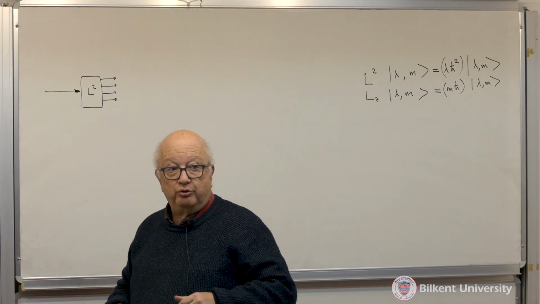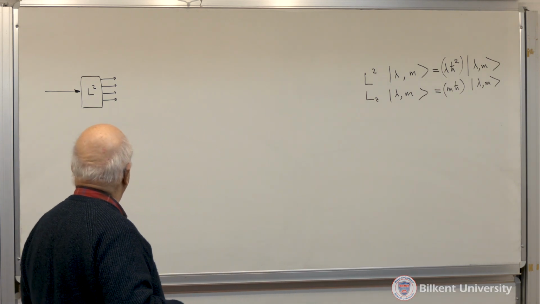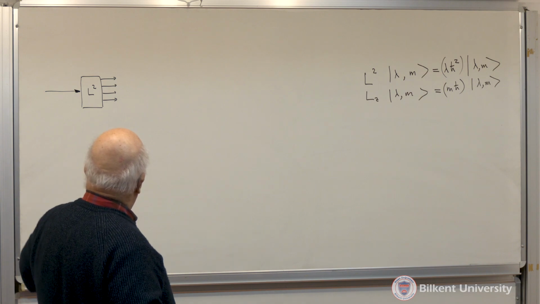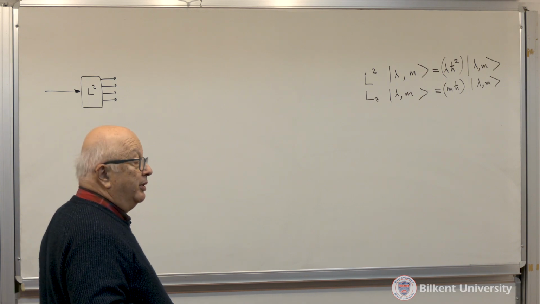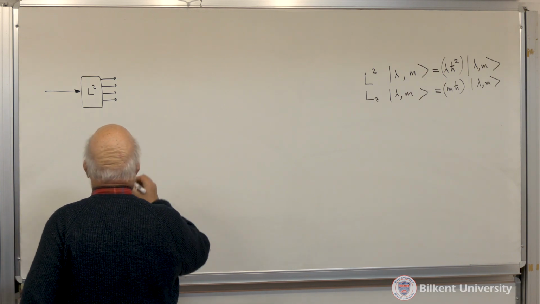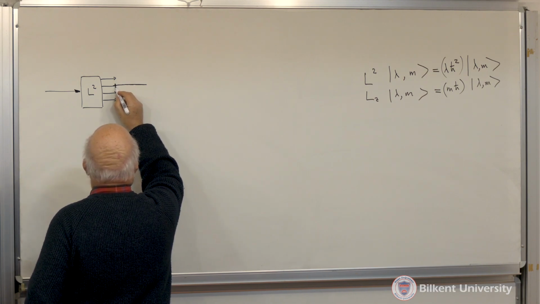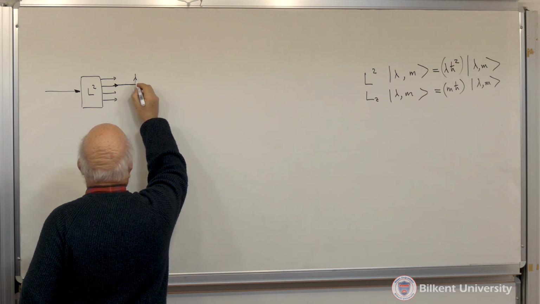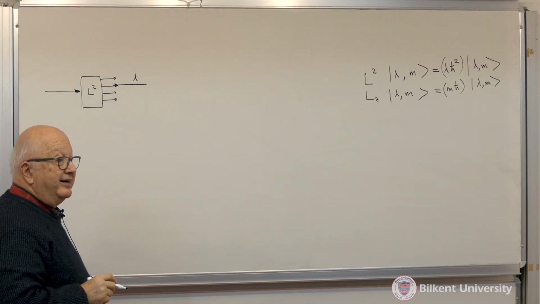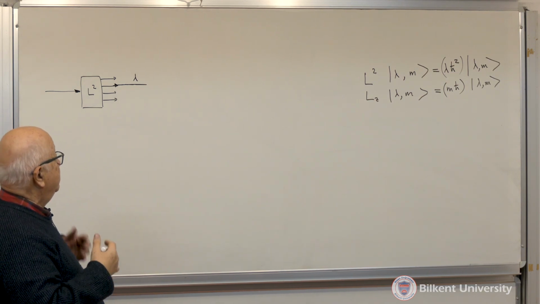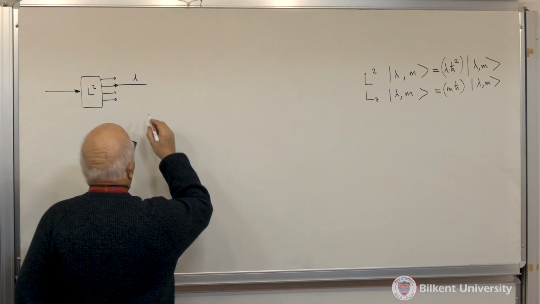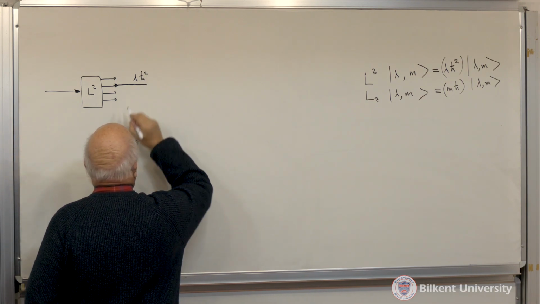I have only those two that I have. Okay, so now I am measuring the L squared. And I find out that for a certain measurement, this particle happens to have an eigenvalue, the result of the measurement, which is equal to lambda times h bar squared.